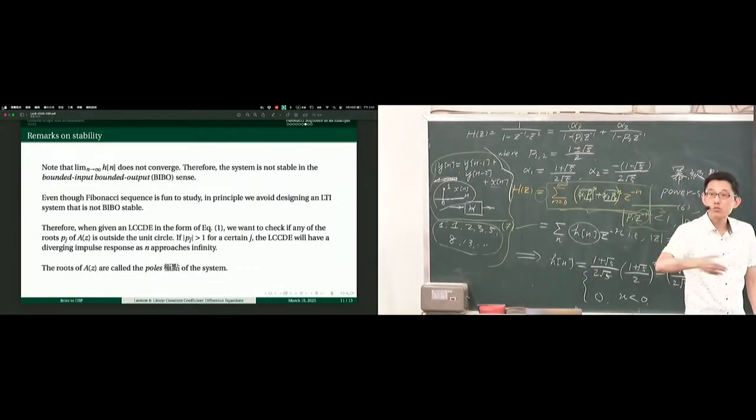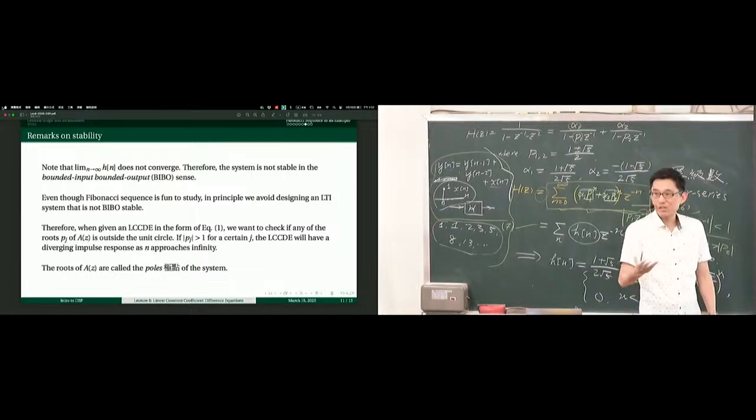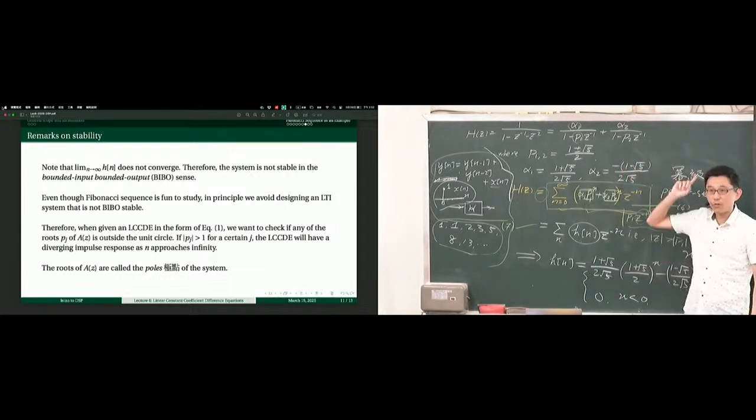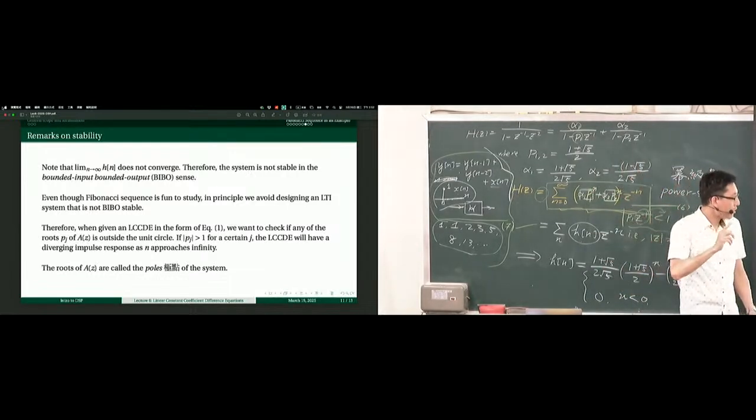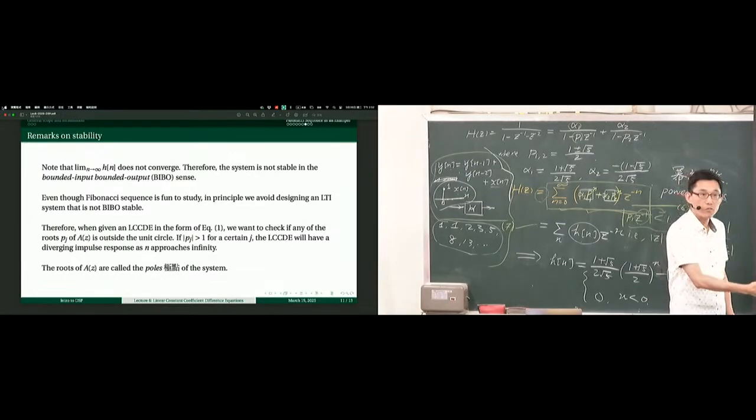Once you receive a difference equation, the first thing you should check are the roots of A of z. Is any of them outside the unit circle? That's what you should do, seriously, to ensure stability in something that you pay for.